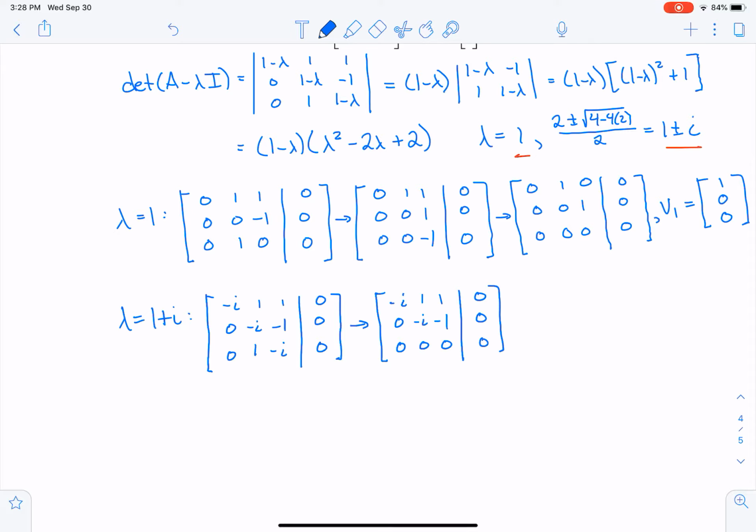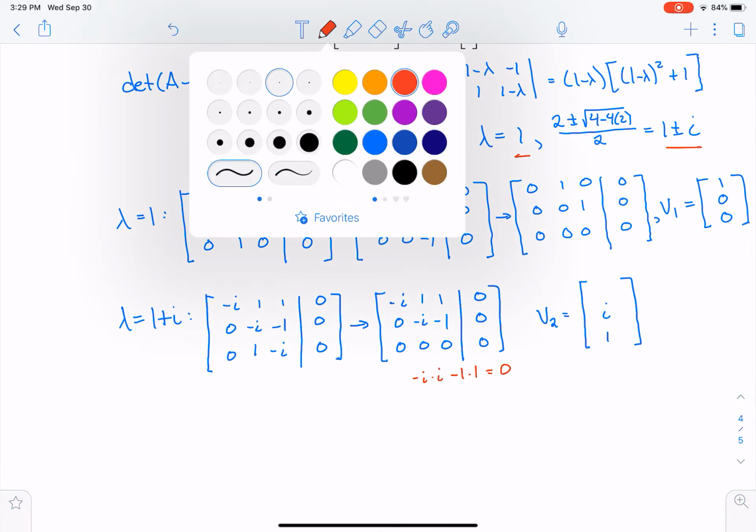Okay, so I need to find my next eigenvector. The way I'm going to do that is I'm going to put a 1 on the bottom. That means that if I have a 1 on the bottom, in order for the second equation to work out, I'm going to need to have an i here. So just so that you see that, maybe I'll put it in red there. For the second equation, I'll have negative i times i minus 1 times 1, which is, of course, going to be 0. So that works out.